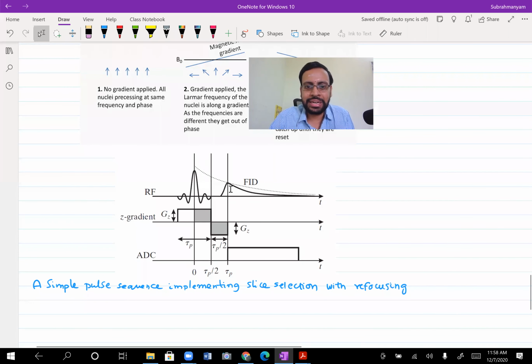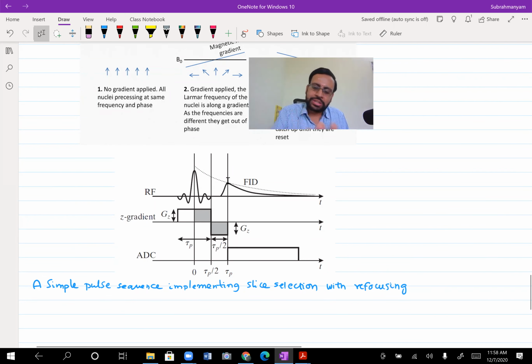The received signal, you notice here, would be 0, and once you reach tau p by 2, somewhere around half, that's when it would start increasing, and everything would come in phase and into the xy plane by the end of this.